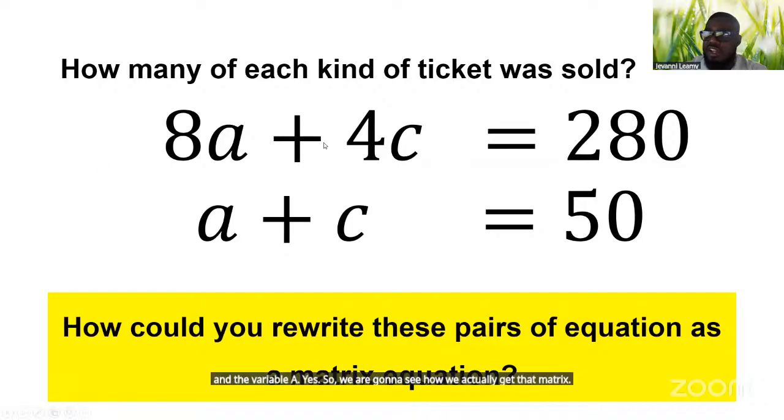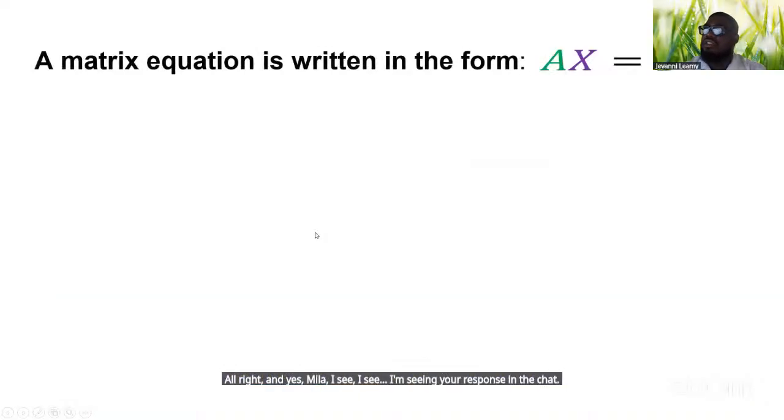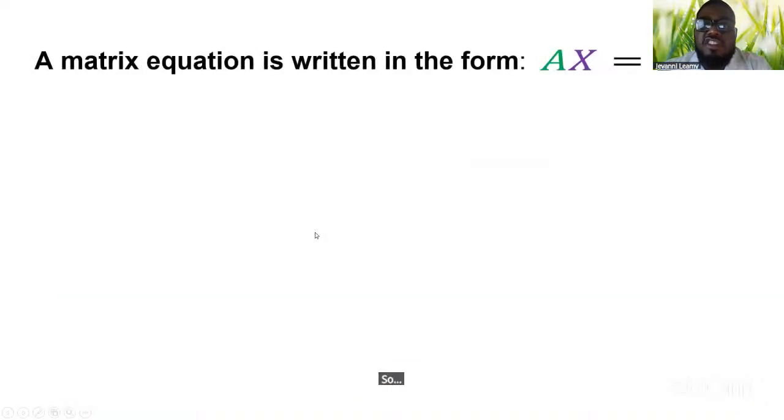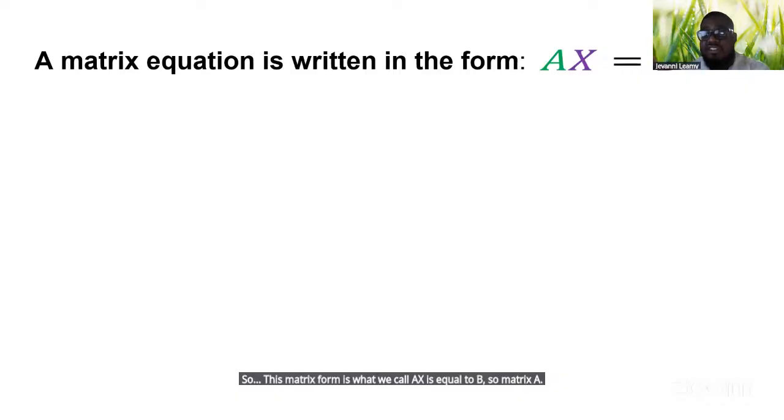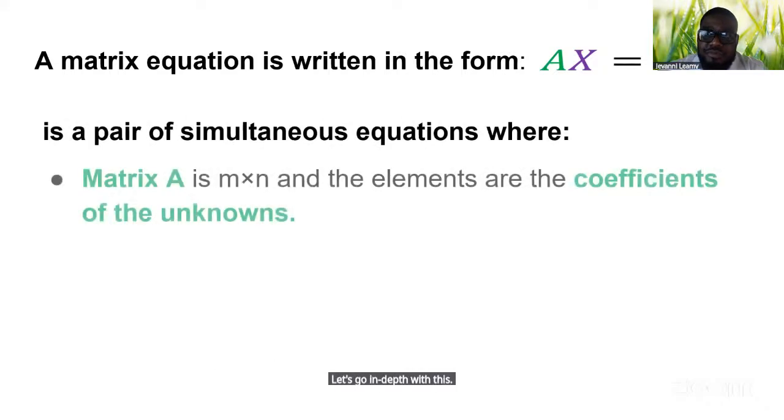And yes, Miller, I'm seeing your response in the chat. So this matrix form is what we call AX is equal to B. So matrix A multiplied by matrix X is equal to matrix B. Now what are matrix A, X, and B? Let's go in depth with this. Matrix A is an M by N, and the elements are what we call the coefficients of the unknowns.